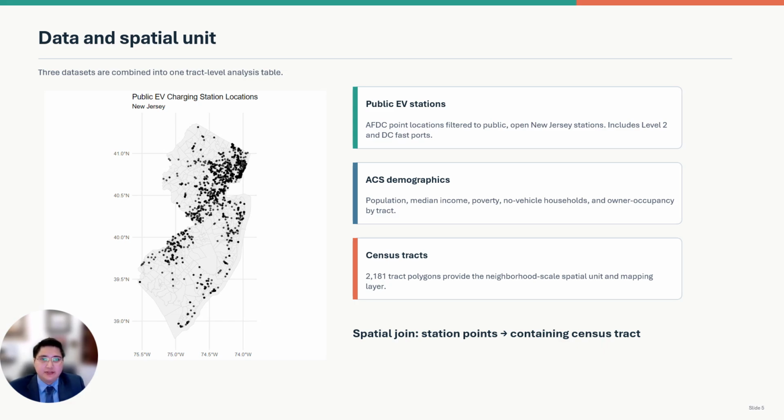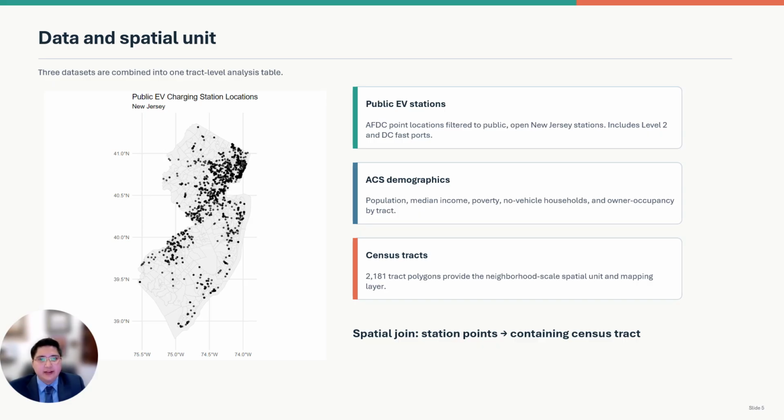So here are the three main datasets that I use. The first is the public electric vehicle charging station data. These are point locations, and I filter the data to public, open stations in New Jersey with valid coordinates. This station data also includes Level 2 and direct current, or DC, fast charging ports.